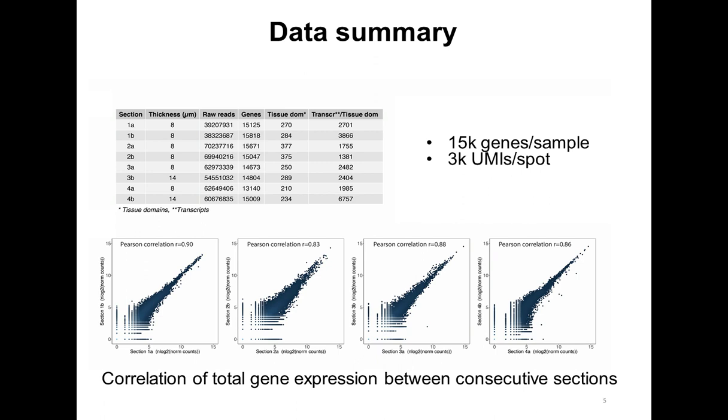Here is a short data summary. On average, 15,000 genes were detected per sample and around 3,000 unique transcripts per spot. The section-to-section correlation was typically lower in these samples compared to mouse olfactory bulb, likely due to heterogeneous nature of cancerous tissue.